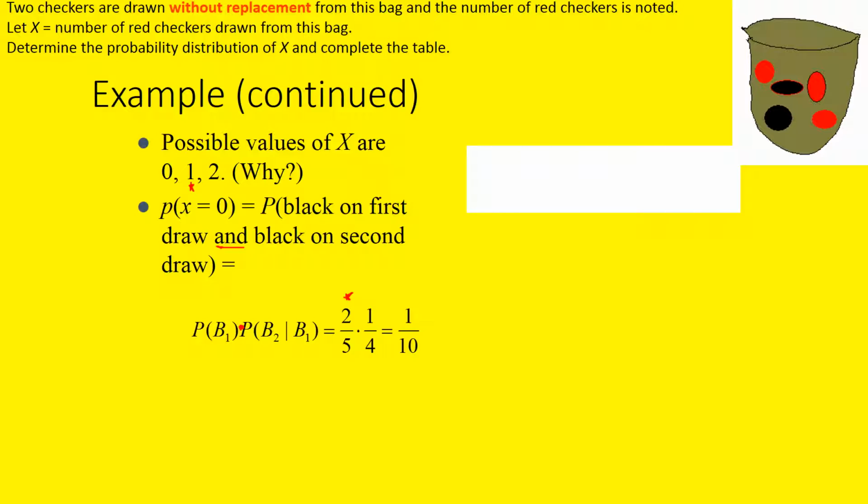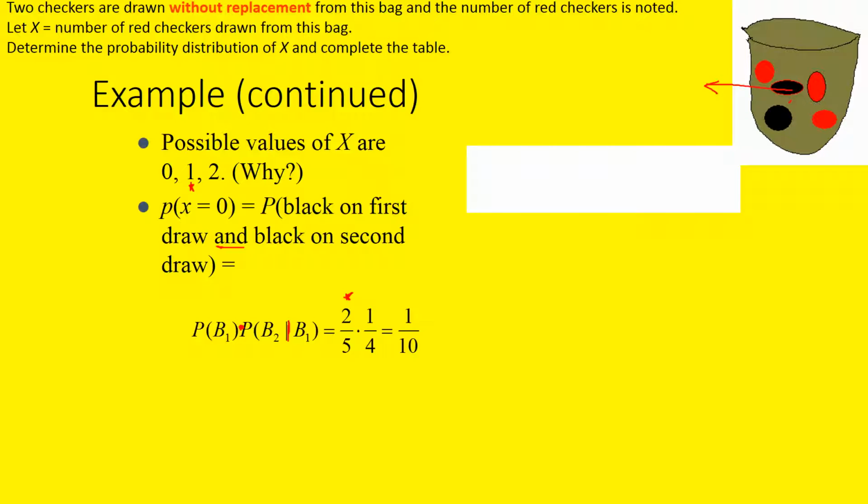Probability that you draw black on draw 2, given that you drew a black on draw 1. Well, if you draw black on draw 1, then say this black one gets thrown out of the bag.